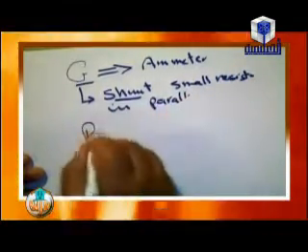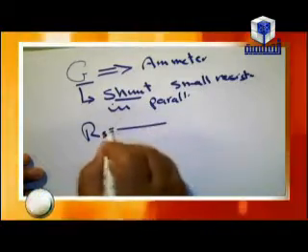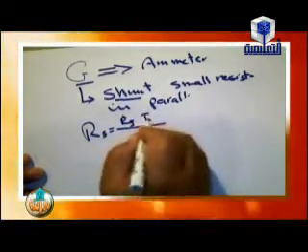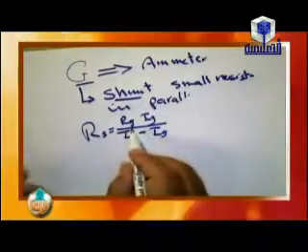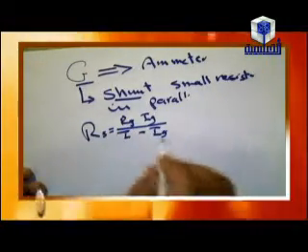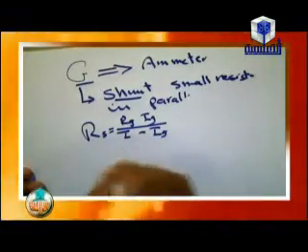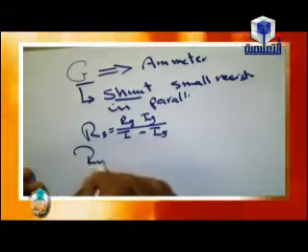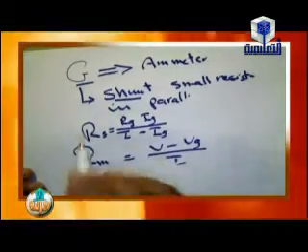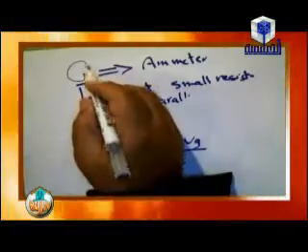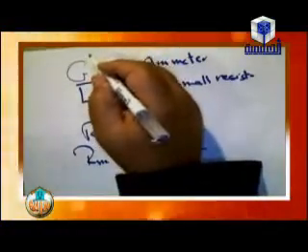The rule is Rs equals Rg Ig over I minus Ig. Also, we can convert the galvanometer into a voltmeter by connecting a multiplier, which is denoted by Rm equals V minus Vg over I. So we can convert a galvanometer into an ammeter, a voltmeter and also an ohmmeter.